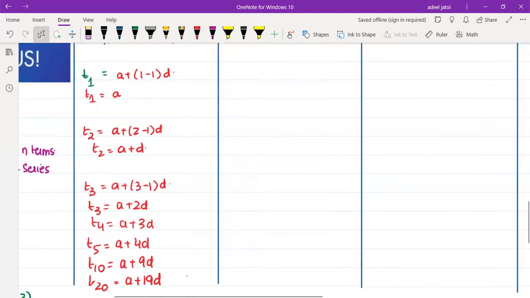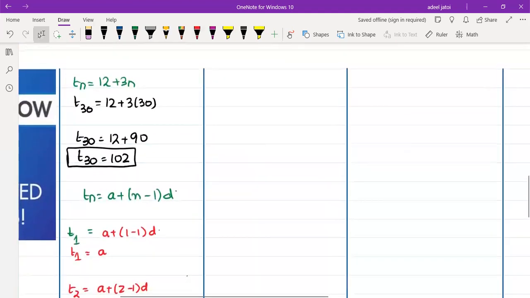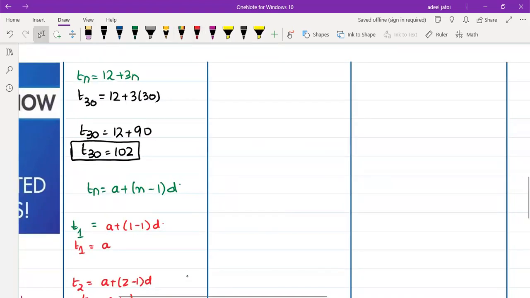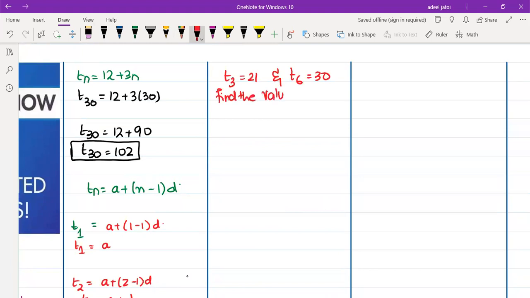And why are these formulas used? Because sometimes in the question it is clearly said that term 3 is equal to 21 and term 6 is equal to 30. Find the value of A and D. So we know that term 3 is 21, and term 3 can be written as A plus 2D.